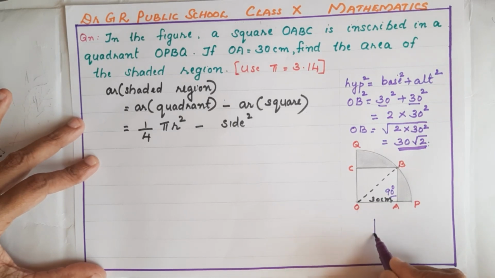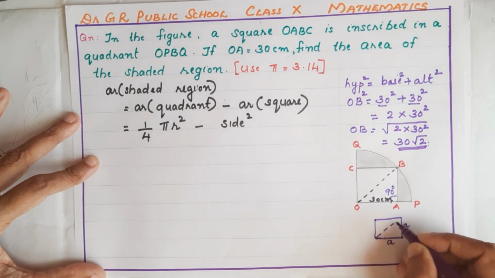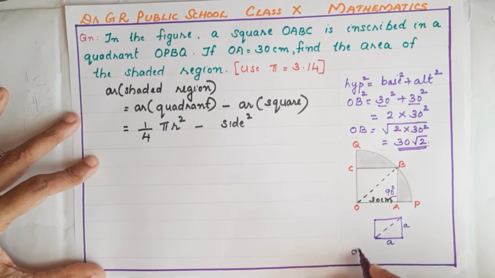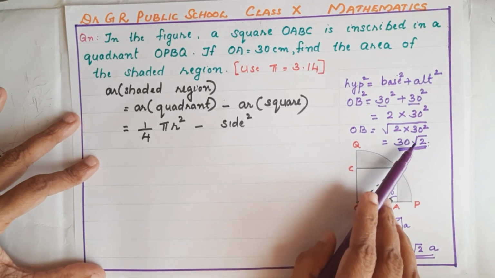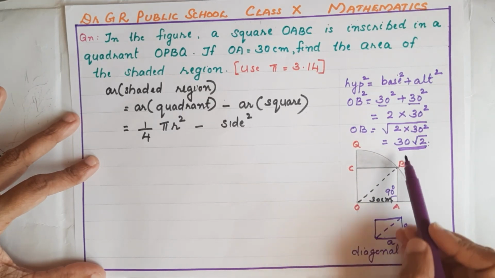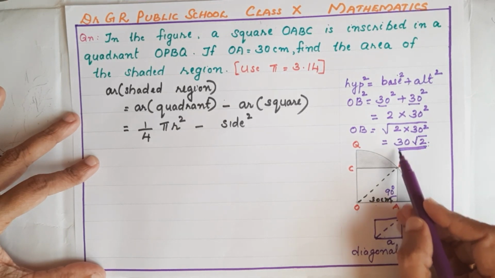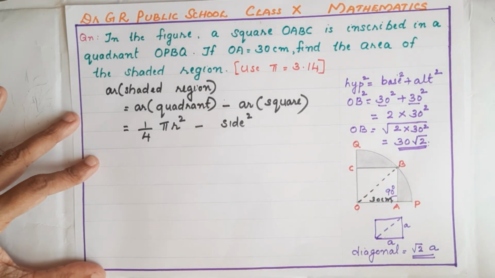See children, suppose we have a square with side A. Diagonal can be found by the formula: diagonal is equal to root 2 A. See here, side is 30. What did we get as the diagonal? 30, the side, then root 2. Root 2 into the side of the square.